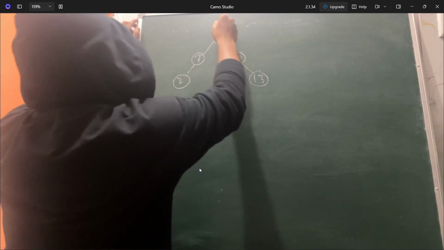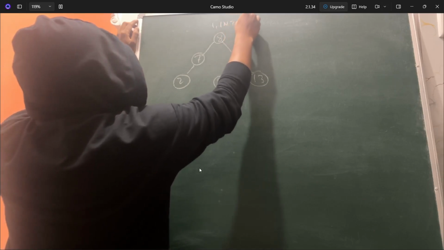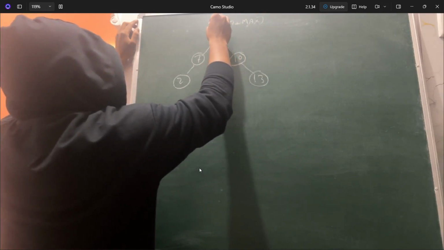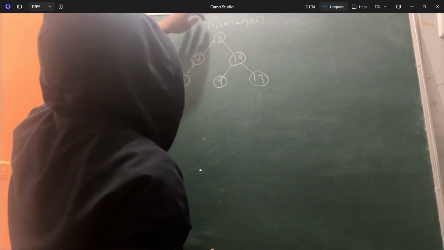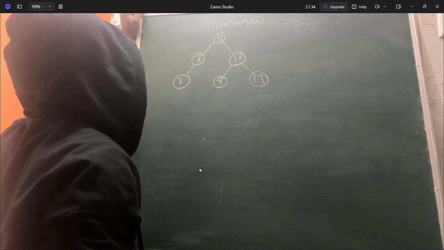So starting, the range will be from 1 to int max. As per the question, the value has to be greater than 0, so we'll start from 1 and it can go to any value till int max.